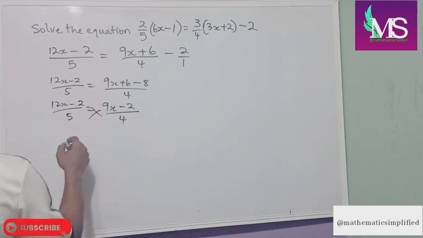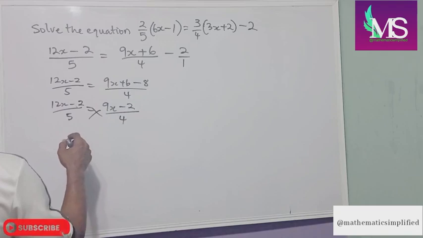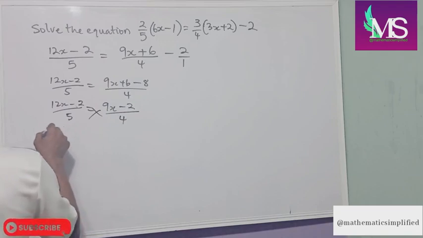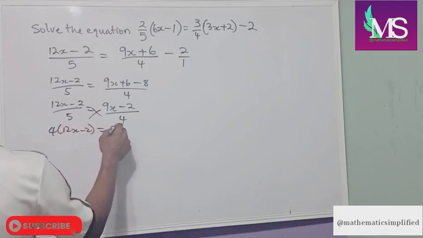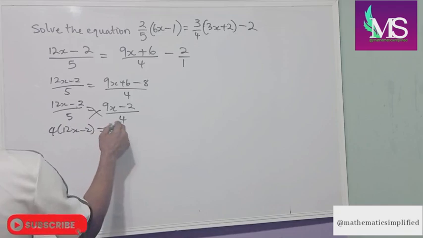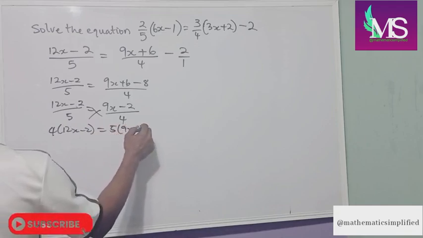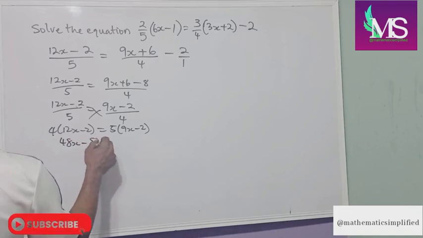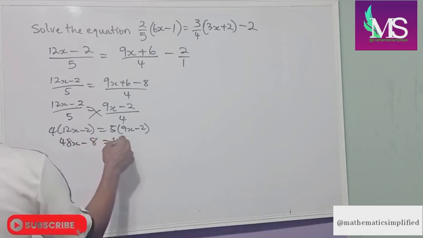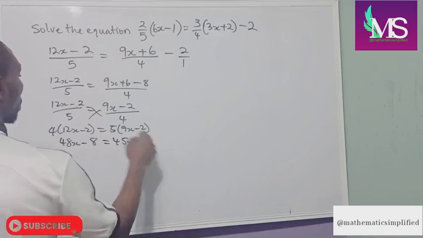Now we can cross multiply. This gives us 4 brackets 12x minus 2 equals 5 brackets 9x minus 2, which will give us 4 times 12, that is 48x minus 8 equals 45x minus 10.